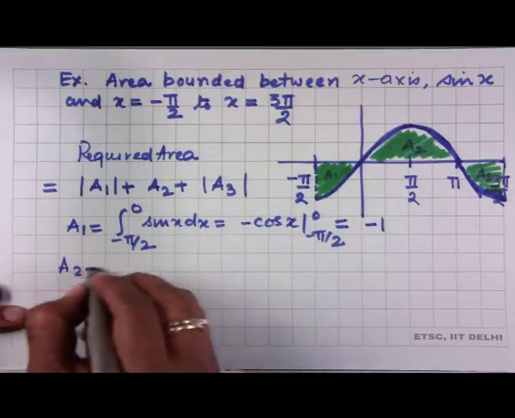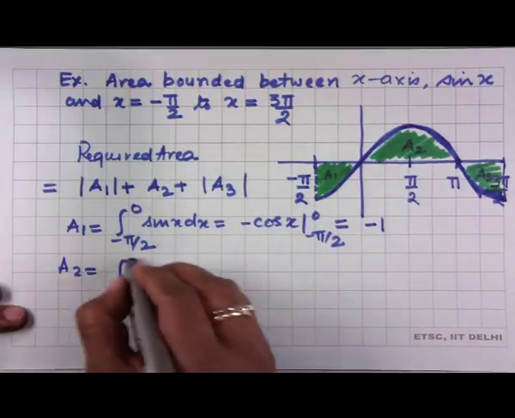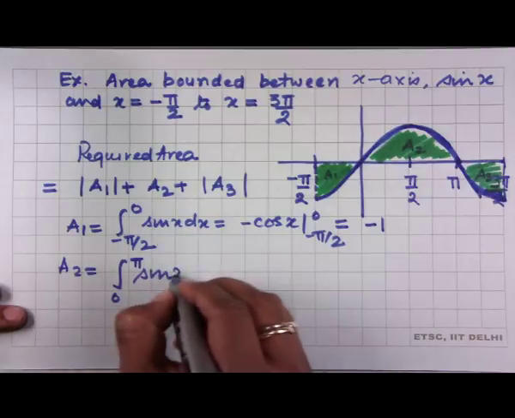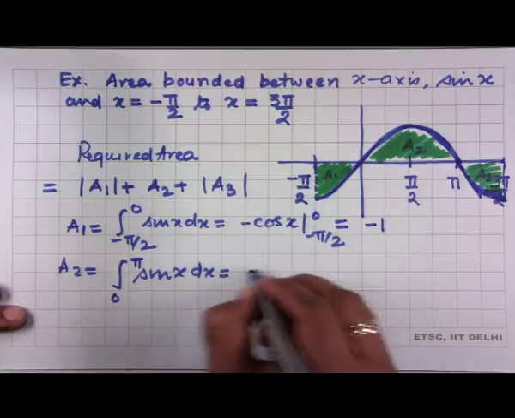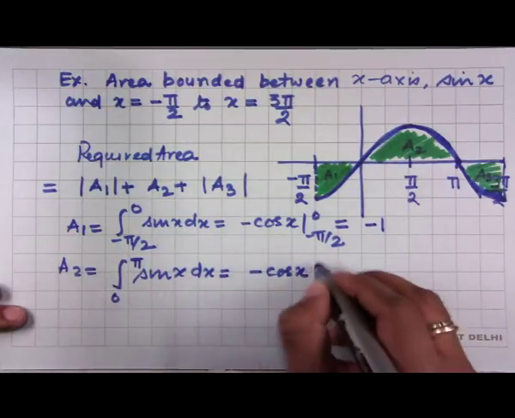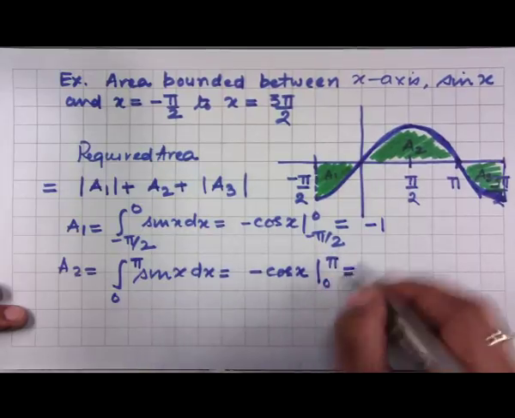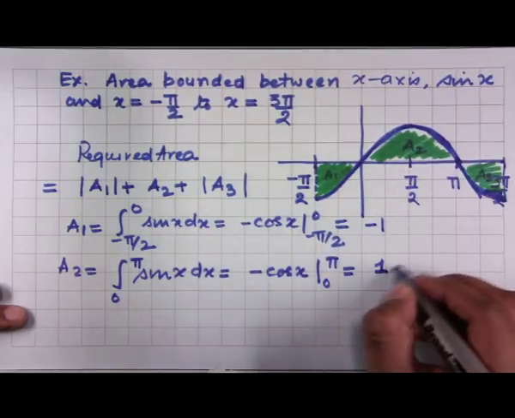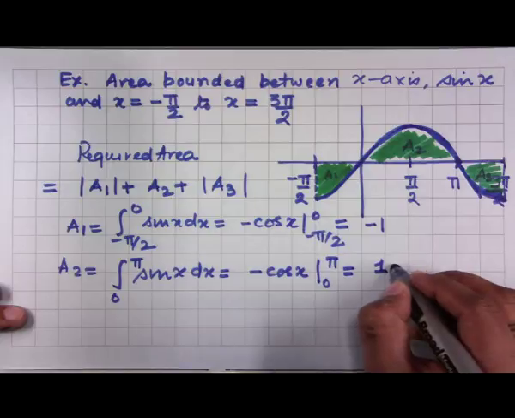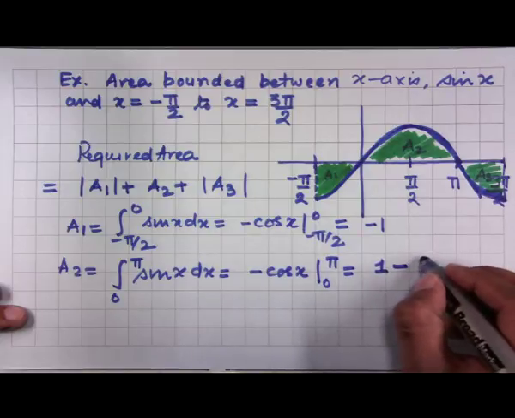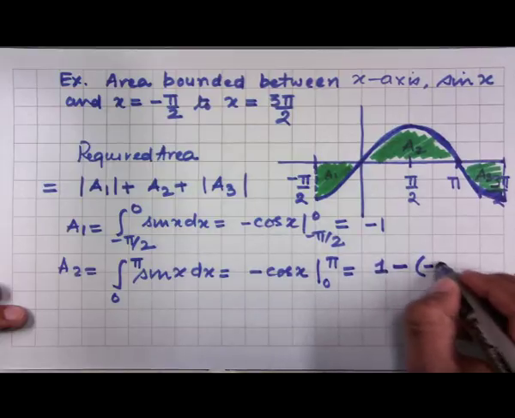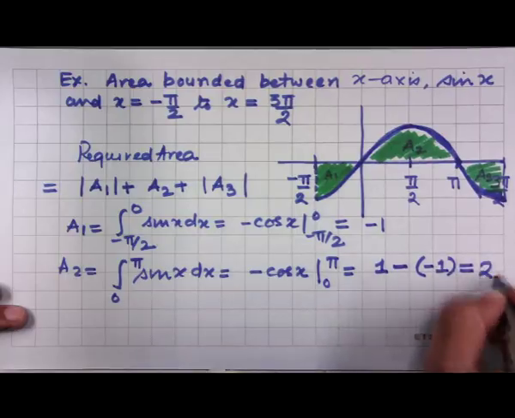A2 is 0 to pi sin x dx, which is minus cos x, 0 to pi. So, you get 1 minus minus 1, which is 2.